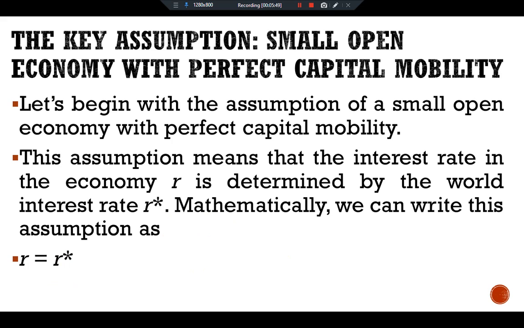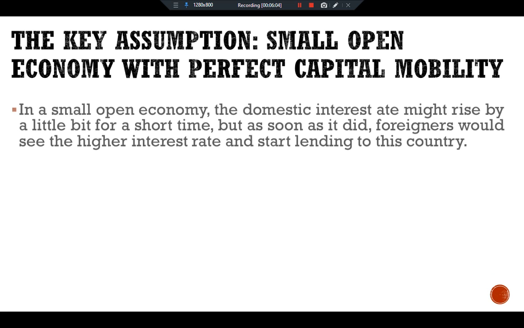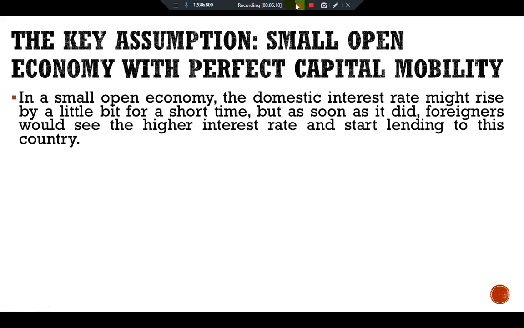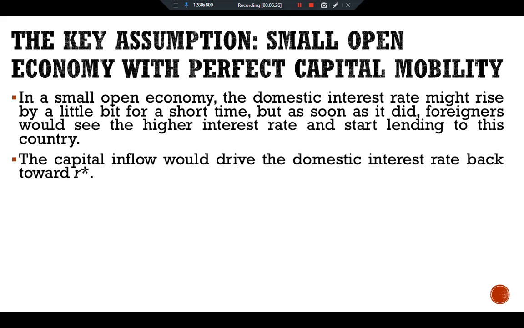Imagine that some event occurred that would normally raise the interest rate. So what happens to the economy? In a small open economy, the domestic interest rate might rise by a little bit for a short time, but as soon as it did, foreigners would see the higher interest rate and start lending to this country. The capital inflow would drive the domestic interest rate back towards r*.